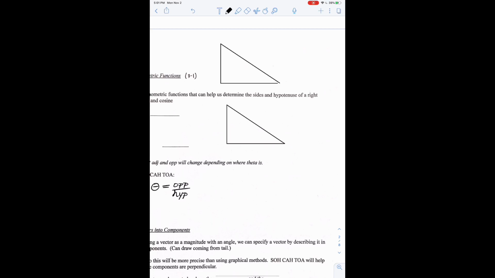Let's make this angle right here equal to theta, and we'll say that that is 30 degrees. We'll then do another example where this angle right here is theta, and it's equal to 60 degrees.